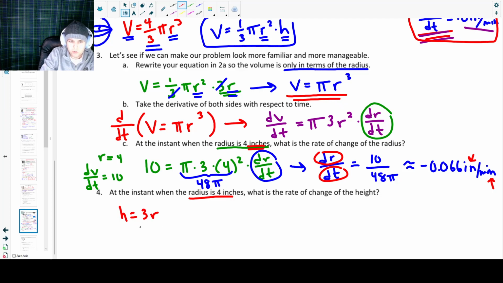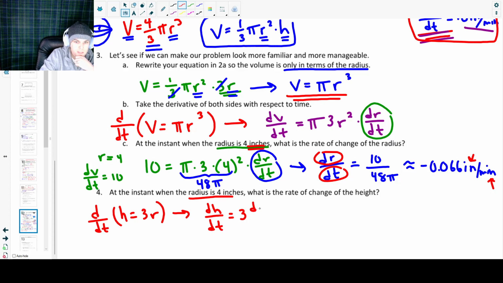What I'm going to do is use this nice relationship we established earlier on. I'm going to go ahead and take the derivative of both of these sides, with respect to time. And what we end up getting is that the change in height with respect to time is equal to 3 times the change in radius with respect to time, right?